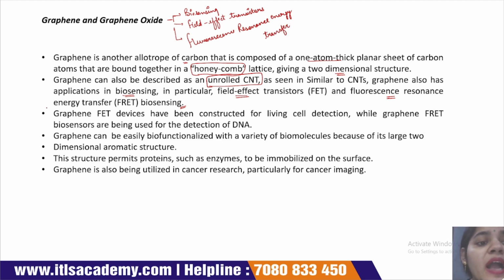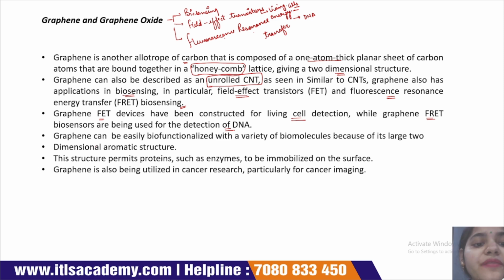Okay, graphene FET. Graphene FET means a graphene field effect transistor device has been constructed for living cell detection, while graphene FRET, that is a fluorescence resonance energy transfer biosensor, is used to detect DNA. This is used to detect DNA and this is used to detect living cells.